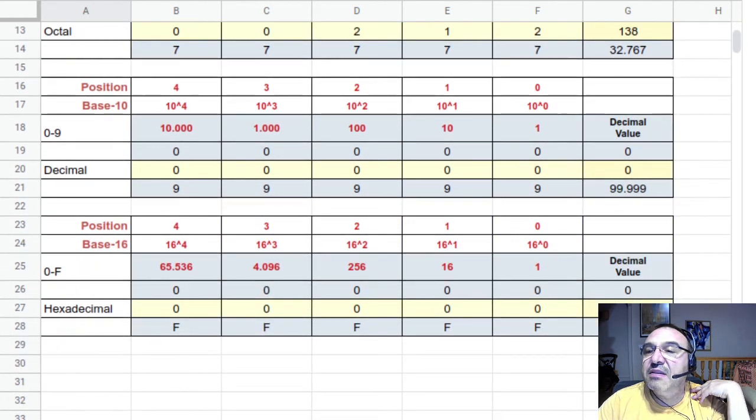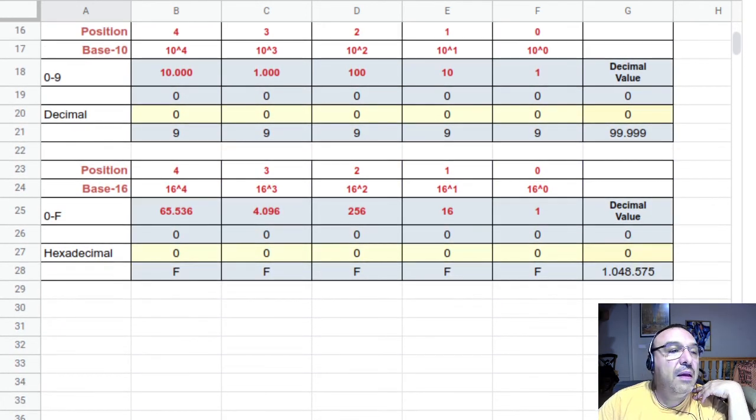In base 16 you have many more digits. We have digits ranging from 0 to F, and the value of each digit also depends on the position.